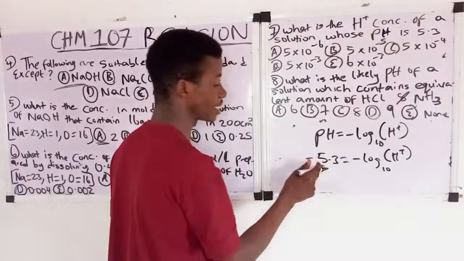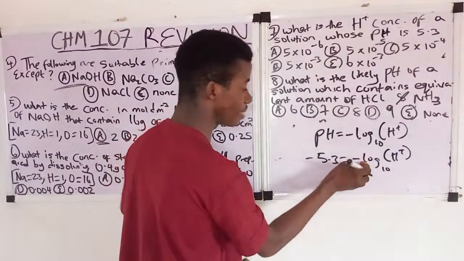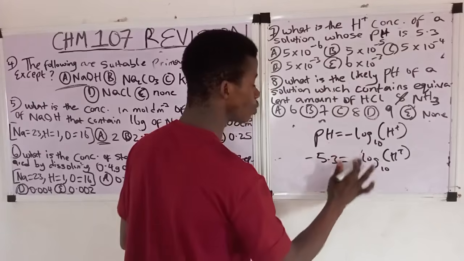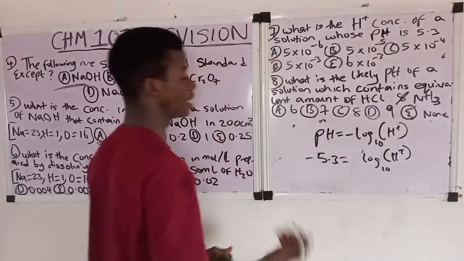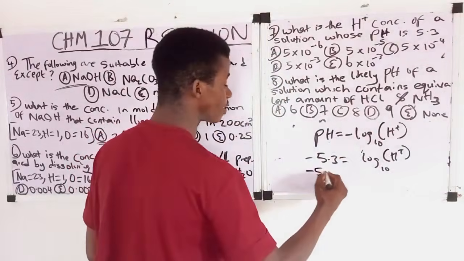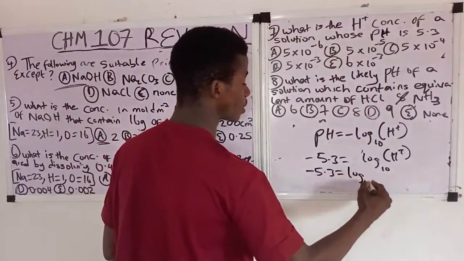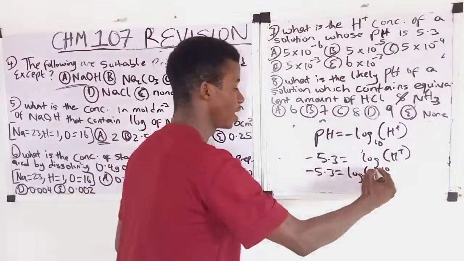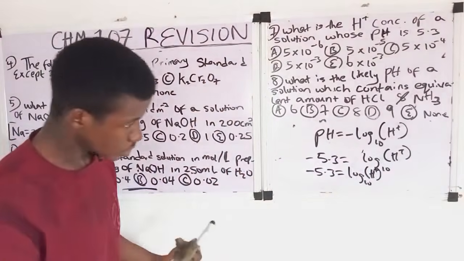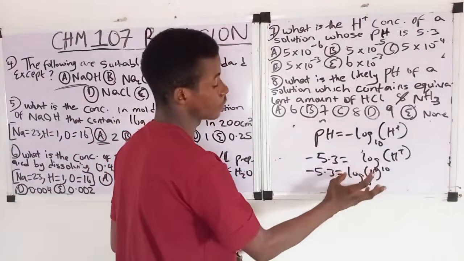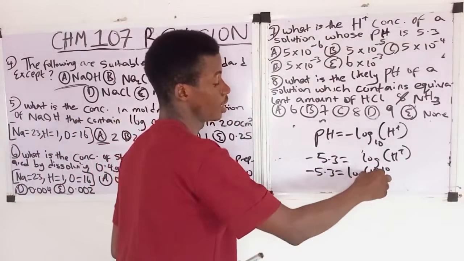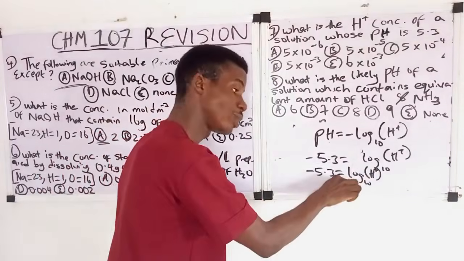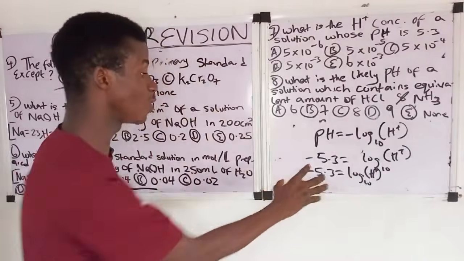Minus times minus gives you plus, so the minus cancels on this side, leaving us with minus 5.3 equals log base 10 of the hydrogen ion concentration. To look for the hydrogen ion concentration, we need to take the anti-log. The anti-log will cancel this log.